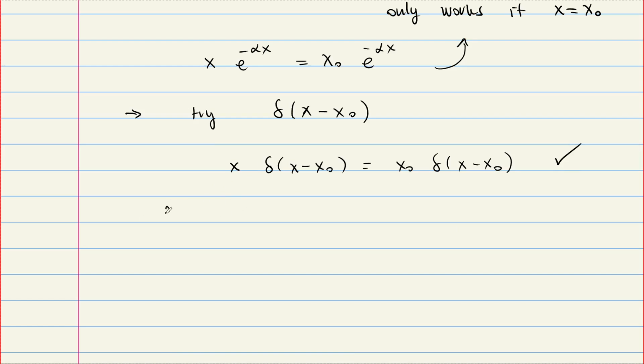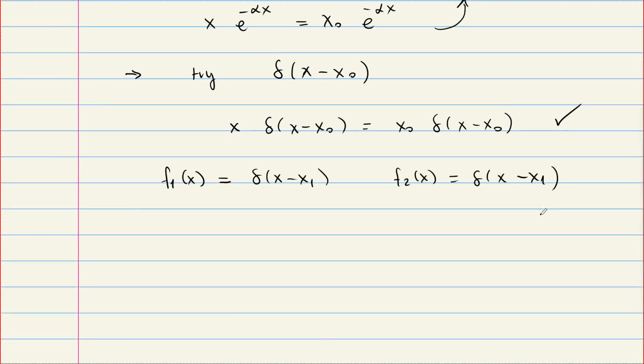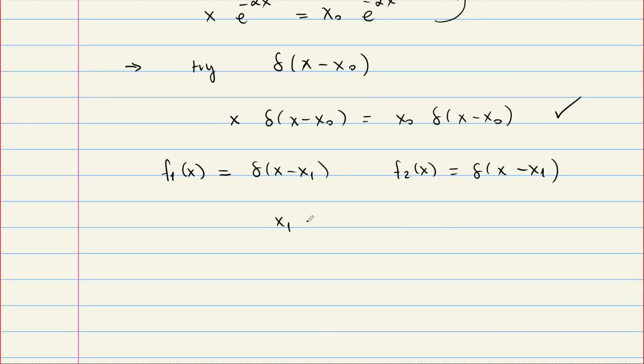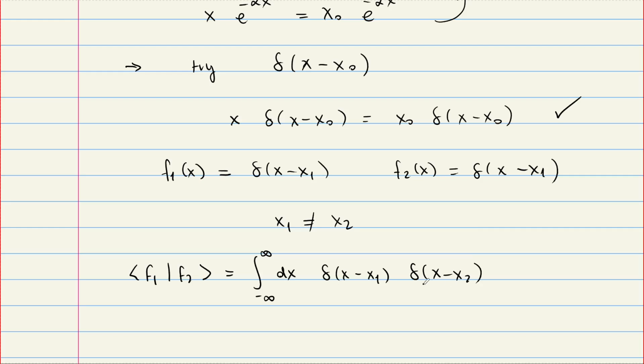And you can consider two different functions, f1 of x, let me call this delta of x minus x1, and f2 of x equal to delta of x minus x2, and x1 not equal to x2, I assume this, and I can check if orthonormality as we defined works. What was it? It is f1 f2 is equal to the integral dx from minus infinity to plus infinity of delta of x minus x1 times delta of x minus x2, right?